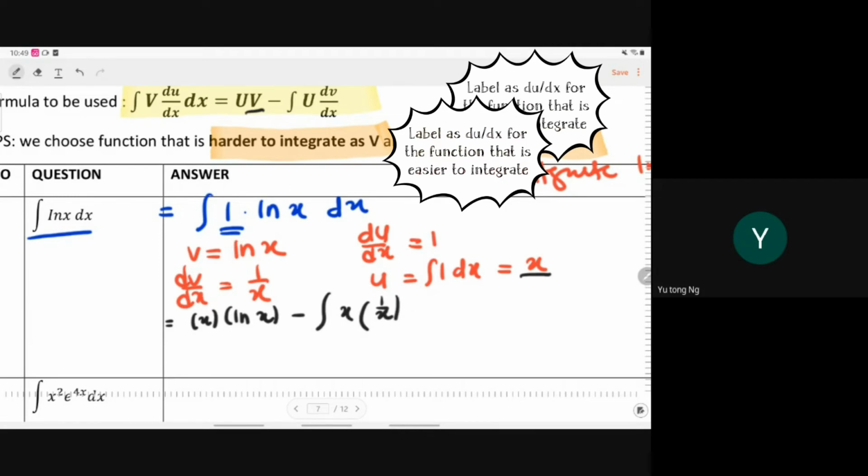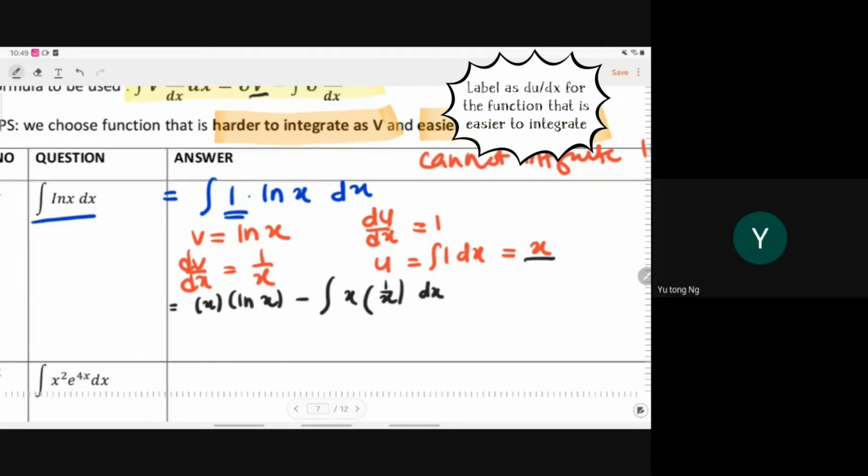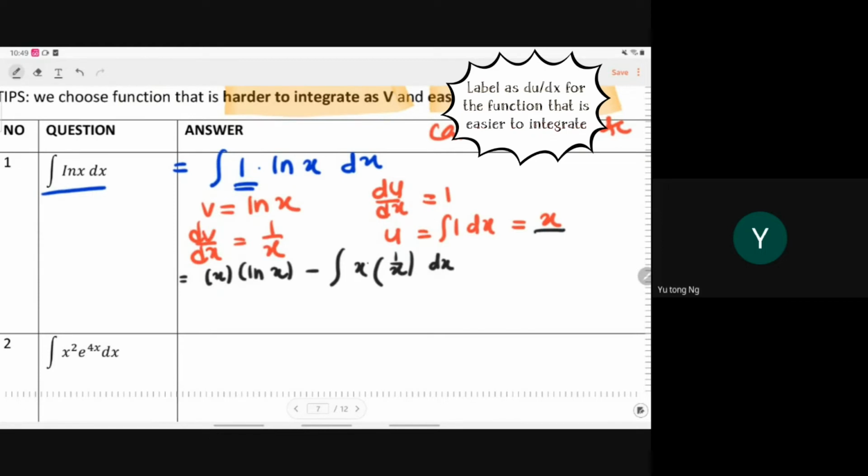Then kita mesti ada dx kat sini. So 1 over x, x actually tinggal 1. Ni cancel lah, so jadi 1. So x ln x minus integrate 1 dx. So lastly kita akan dapat x ln x minus x plus c.